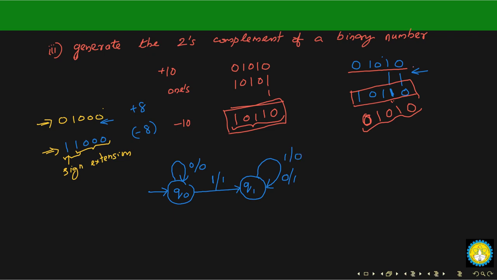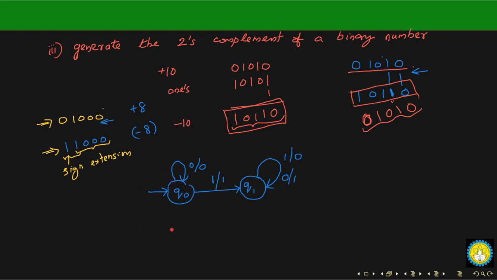If you look at this part alone, at Q1, what you're doing is just a 1's complement. You're inverting. If you're getting 0, you're making it a 1. If you're getting a 1, you're making it a 0. Before that, what we are doing in this part is just copying. If you're getting a 0, you are outputting 0. If you're getting a 1, you're providing the output as 1. Now let's feed this input to this Mealy machine and find how it is going to work.